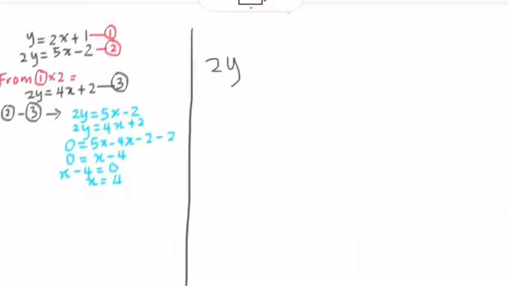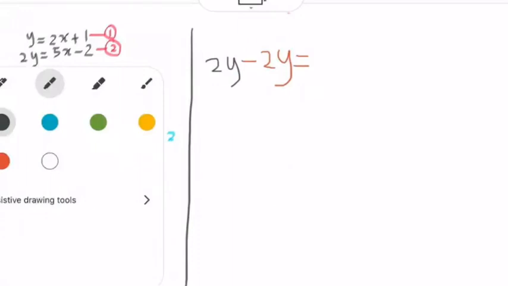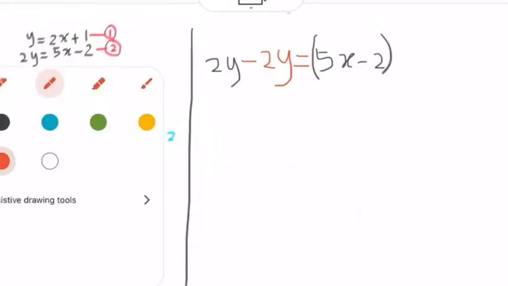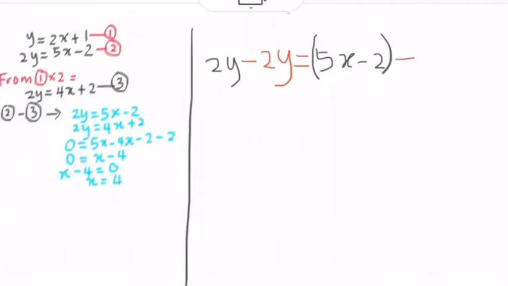2y minus, yang merah ni equation 3 tau, minus 2y equals to, okay, yang hitam tu 5x minus 2. This is the equation number 2. Kemudian minus, sebab dia minus kan, minus equation number 3.